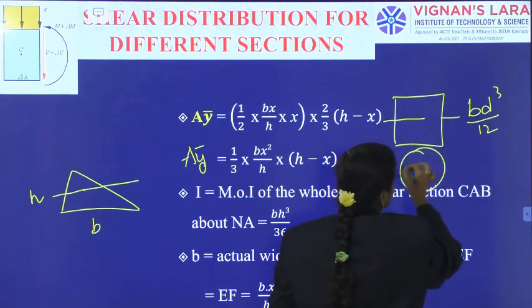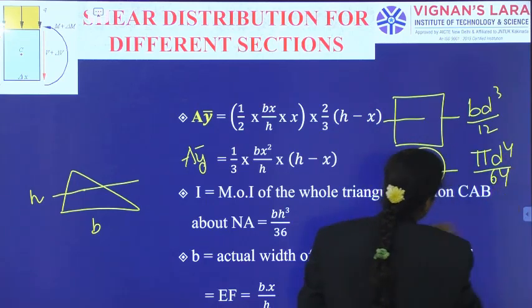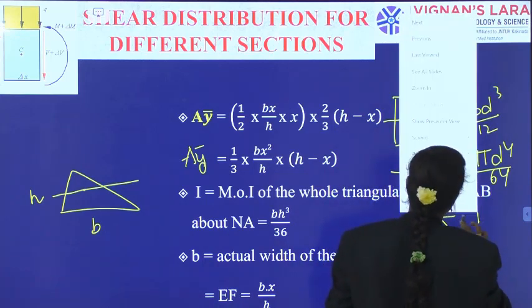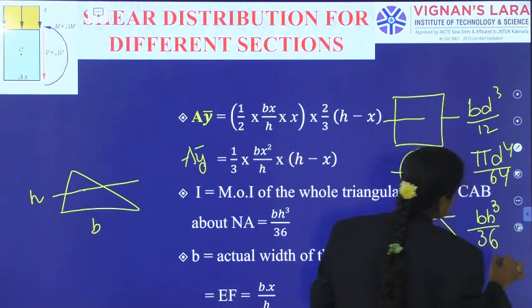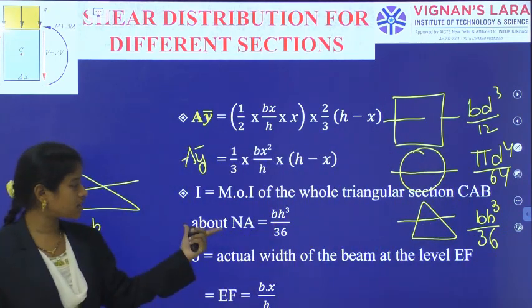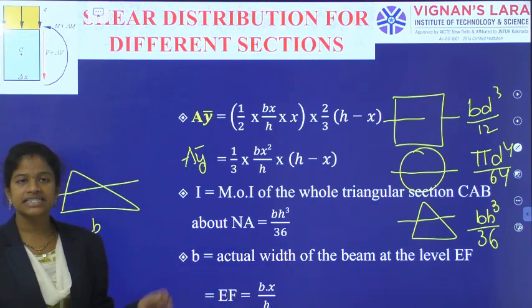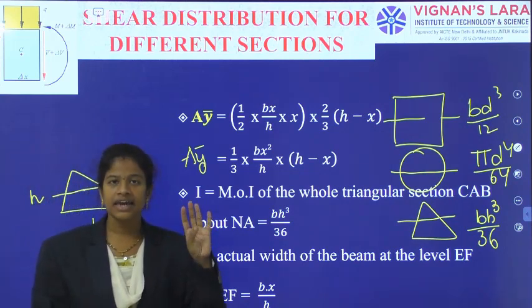For the circle, moment of inertia is pi d power 4 by 64. For the triangle, about the central axis, moment of inertia is bh cube by 36. So here I am using the triangular section. About the central axis, what is the moment of inertia? That is bh cube by 36. And the next unknown is the b value. F, A y bar, I and b.